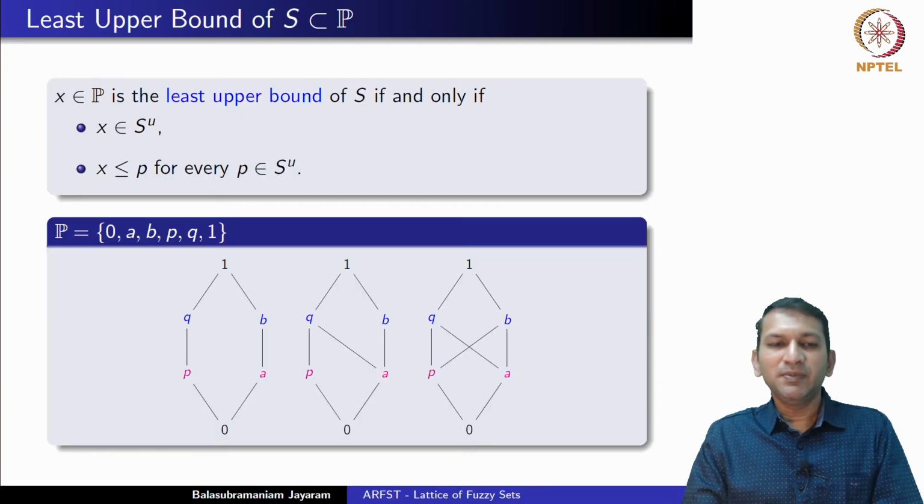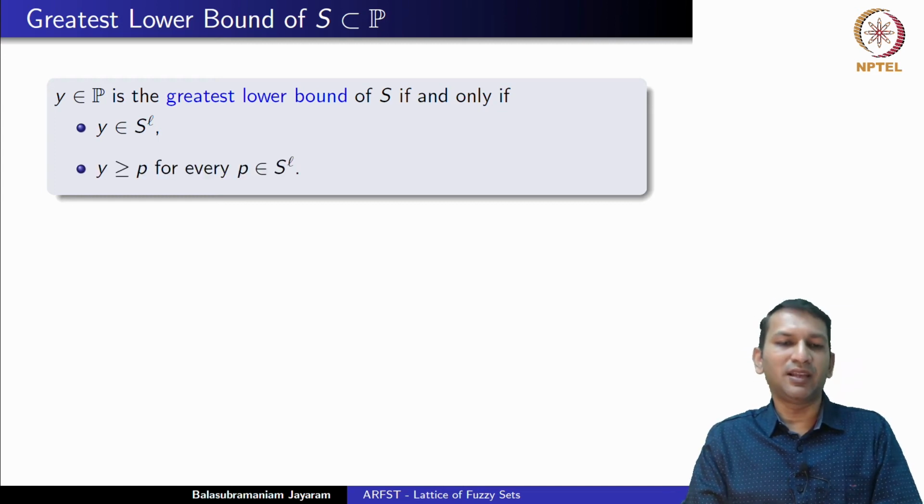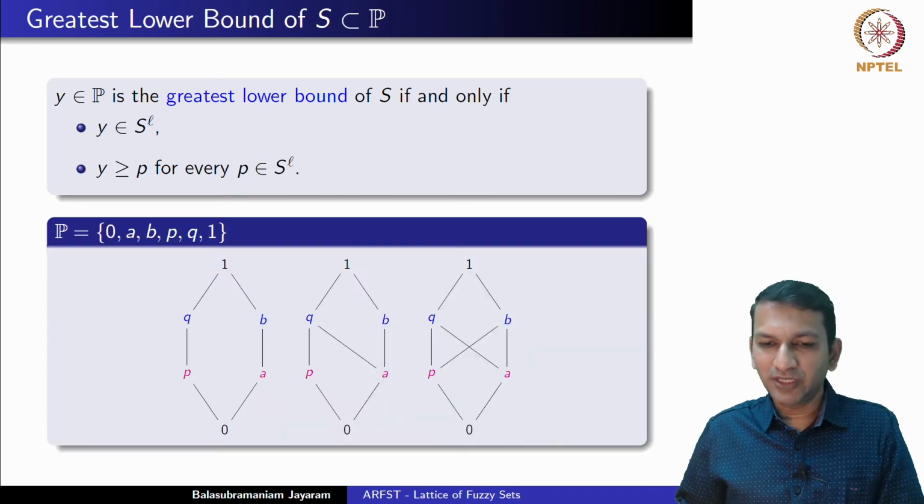But similarly, we can talk about the concept of a greatest lower bound. By definition, it is a lower bound of the set S, and among the lower bounds, it is the largest of them, the biggest of them. Once again, let's look at the same three posets.